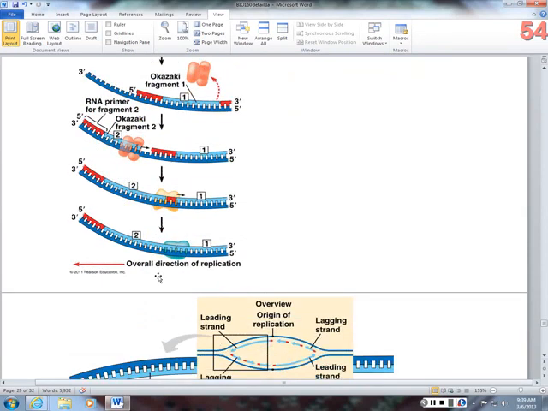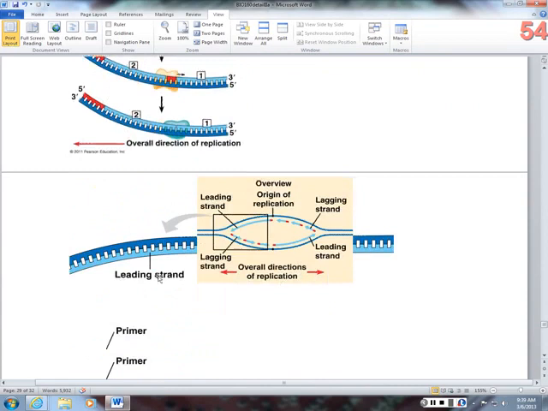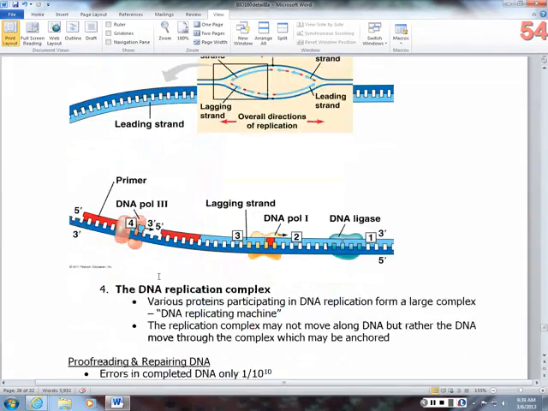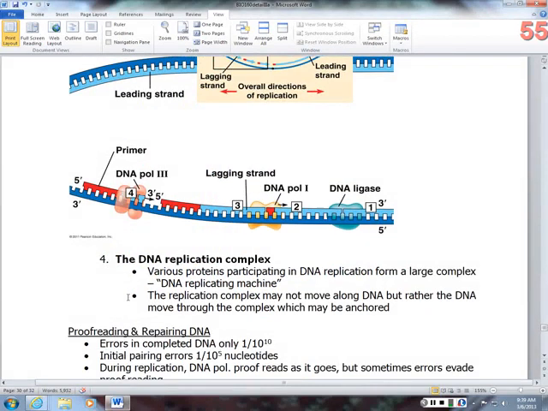And so this is showing where you have these Okazaki fragments that get made in the blue. And then you're going to have to glue them together. After you glue them together, then you come along and you clean up the extra sections in there so that you get a nice overall clean piece of DNA in there.